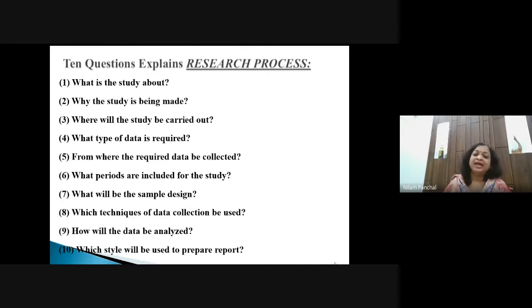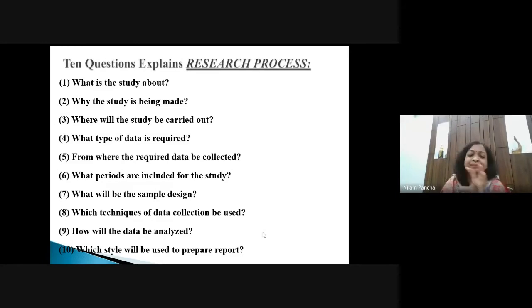Okay. And once you're talking about collecting the data, the next would be the analysis stage. So your question would be, how would you analyze the data, right? How the data would be analyzed and which style would be used for analyzing the data.